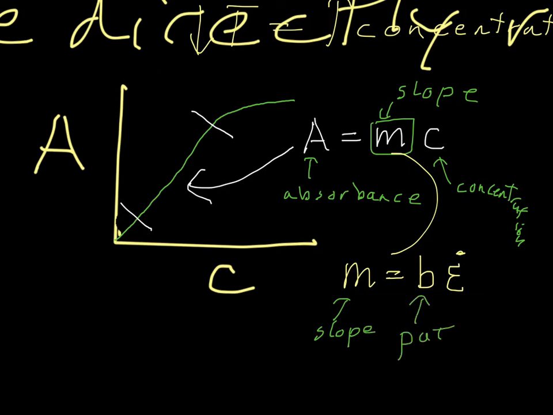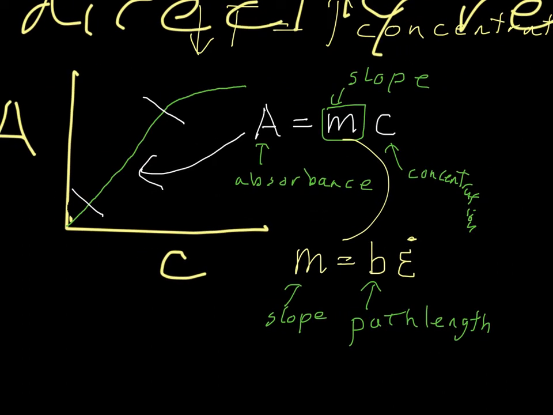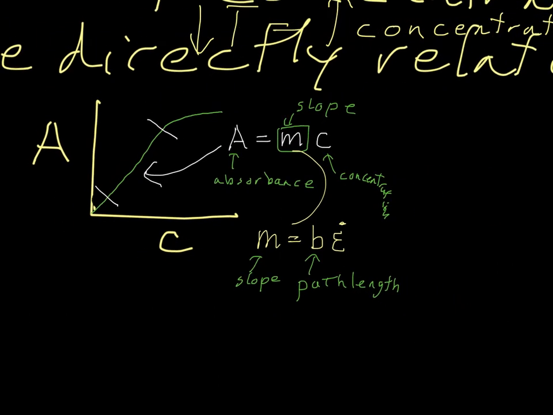Your b is your path length, and your funky epsilon with a little hat there is a factor known as absorptivity.